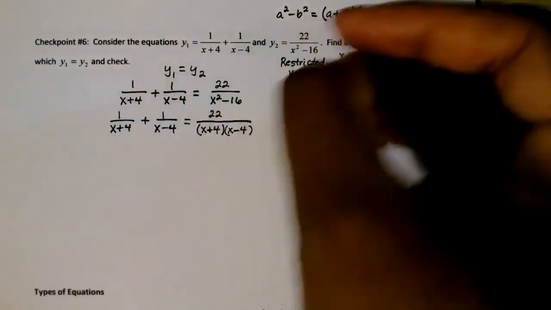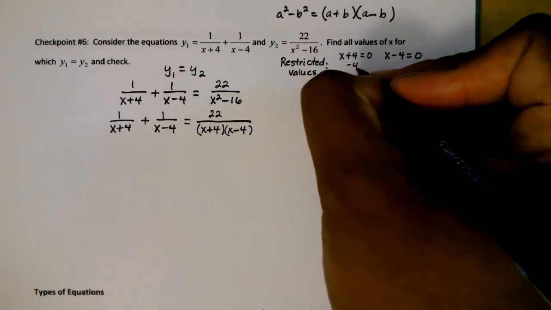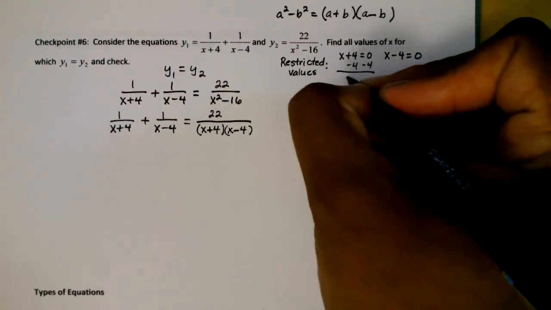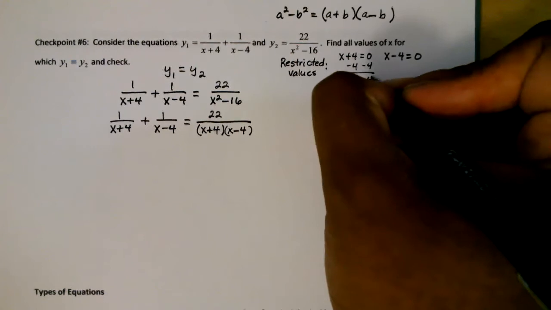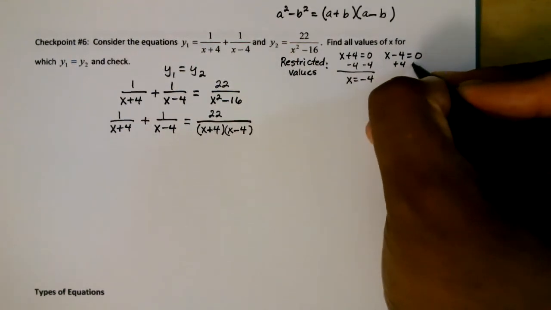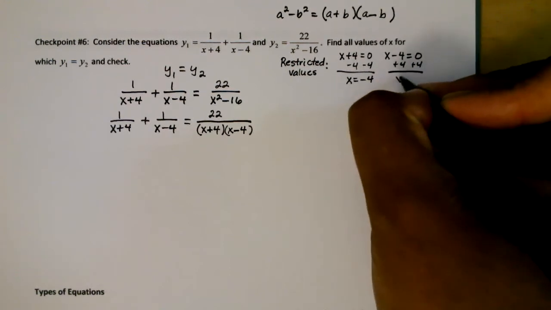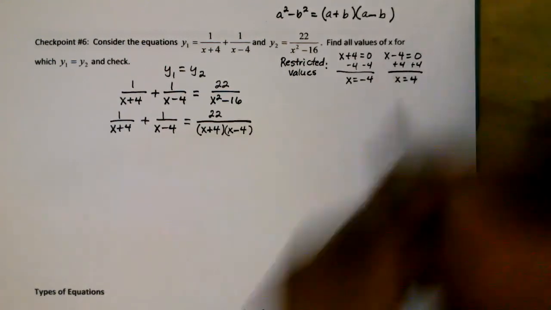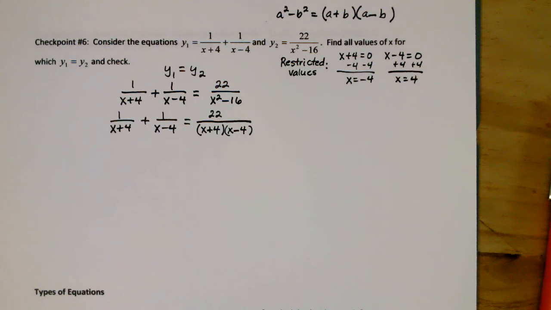So for x plus 4 is equal to 0, if I subtract 4, you'll get x is equal to negative 4. And then for x minus 4 is equal to 0, you'll get x is equal to positive 4. So I have two restricted values. One will be x equal negative 4. The other one will be x equal positive 4.